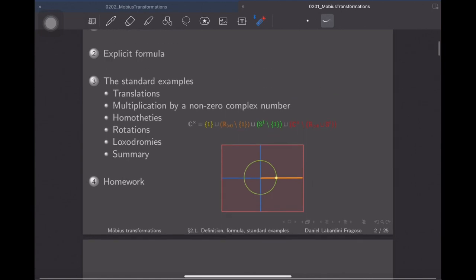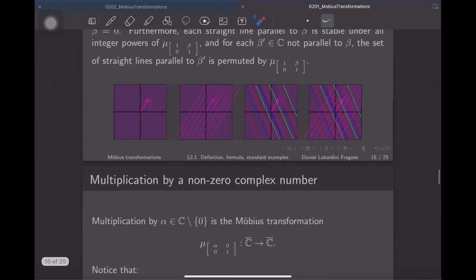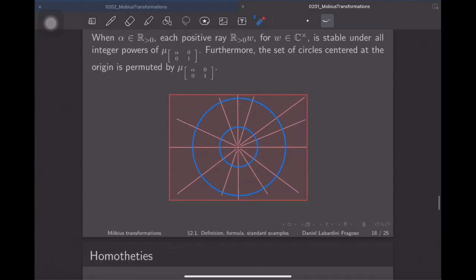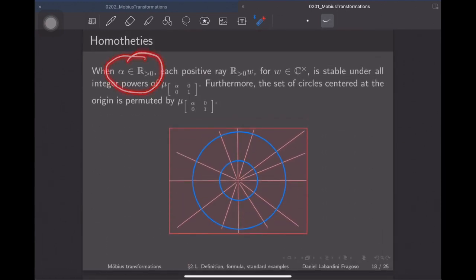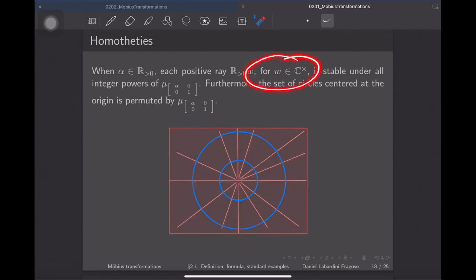Let me briefly go over how they look in multiplication by some non-zero complex number alpha. For positive real alpha, each of these curves, the rays spanned by non-zero vectors, is stable under multiplication by alpha, and the other family, the one that is permuted, is the family of circles.